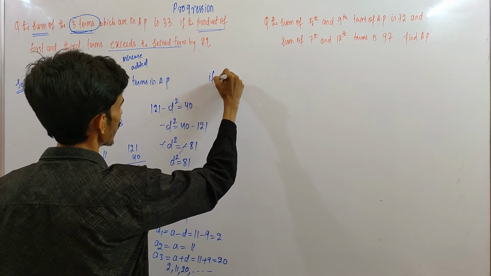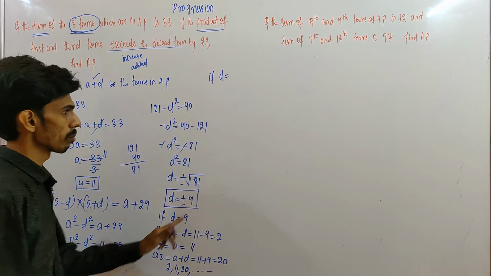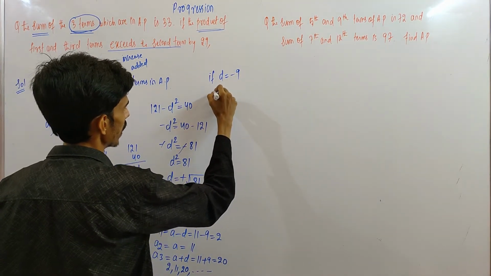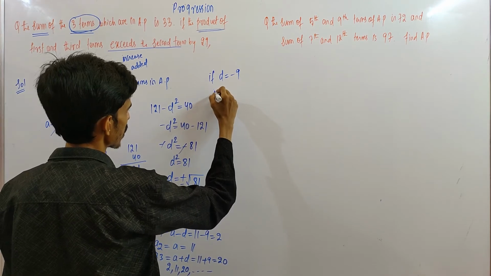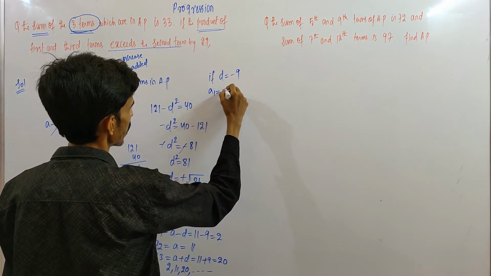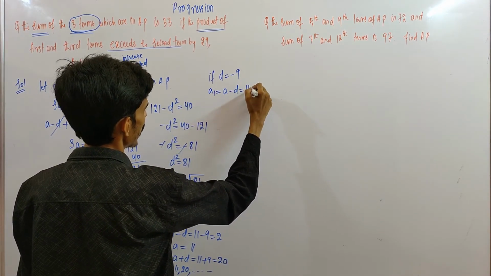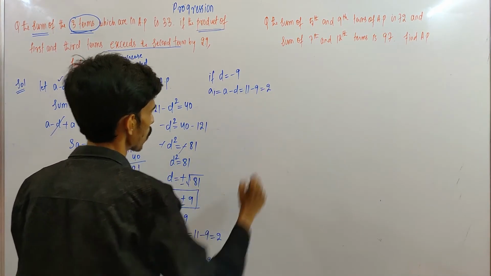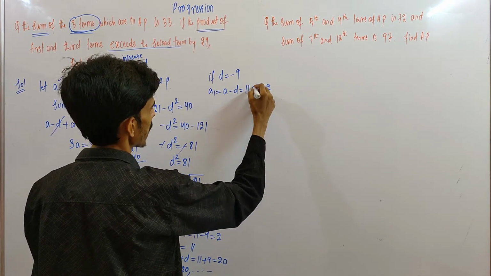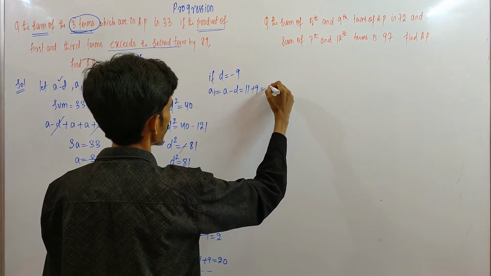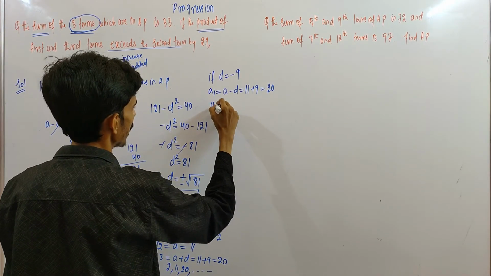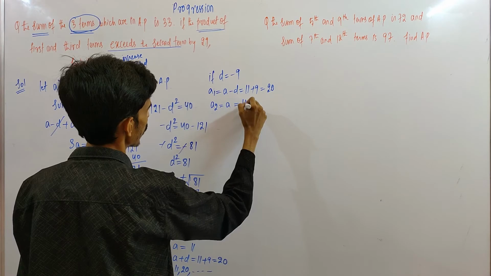Again, if we take d value as minus 9, then the first term a1 will become a minus d, 11 minus of minus 9, and minus minus becomes plus, so the first number will be 20. The second term a2 is a, that is 11 only.